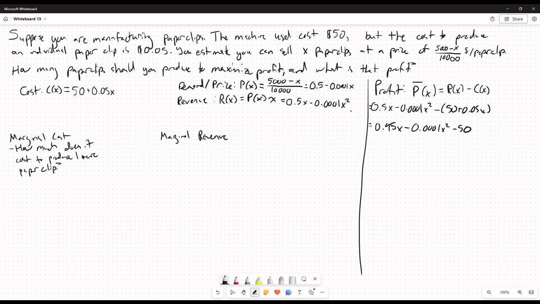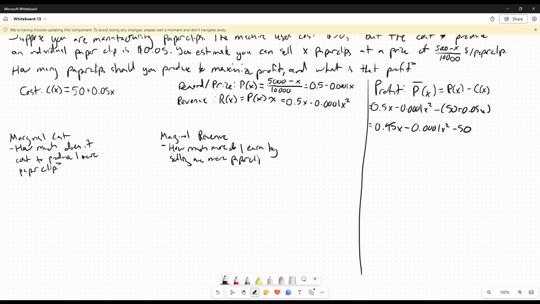Whereas marginal revenue says how much more do I earn by selling one more paperclip. So we can kind of get an idea for what these will be just from context.